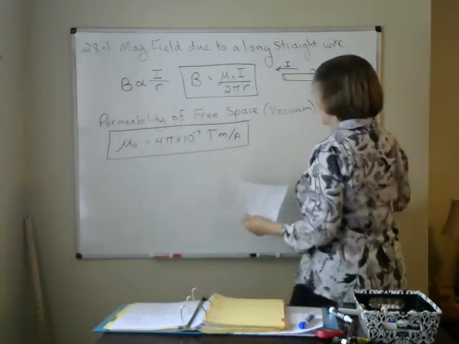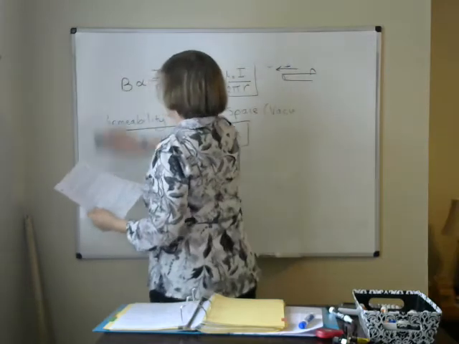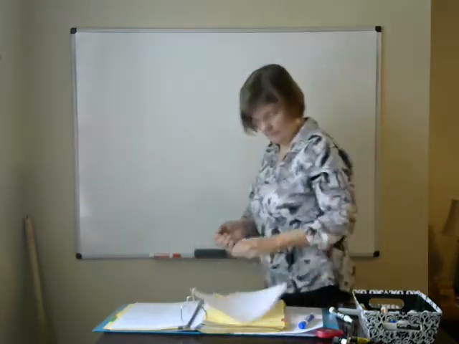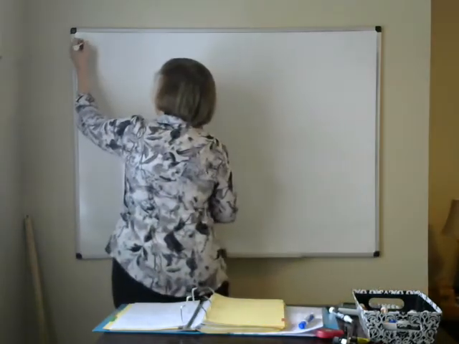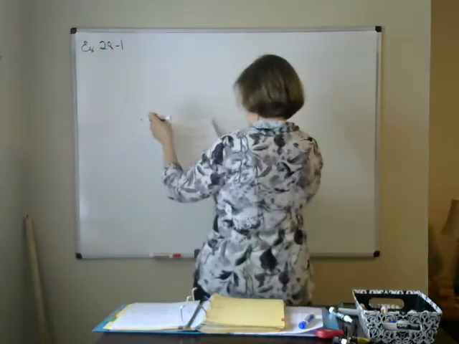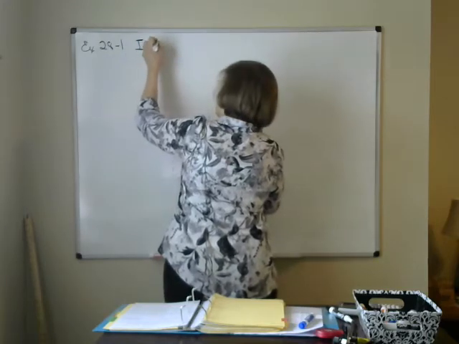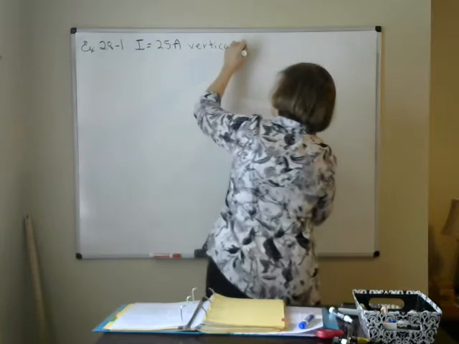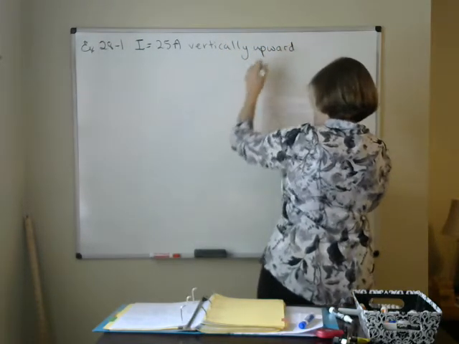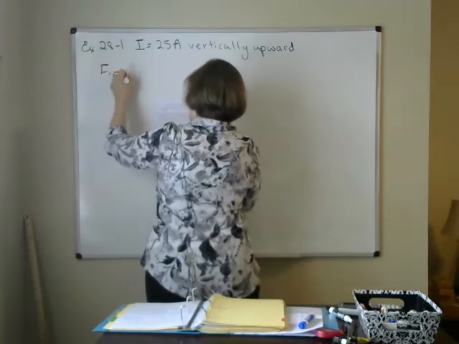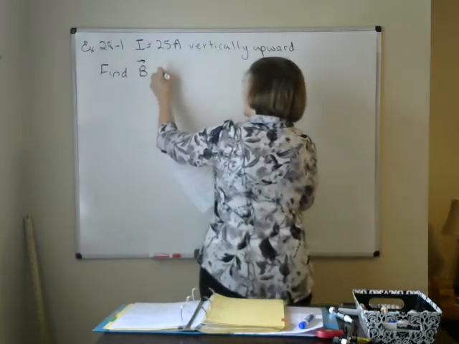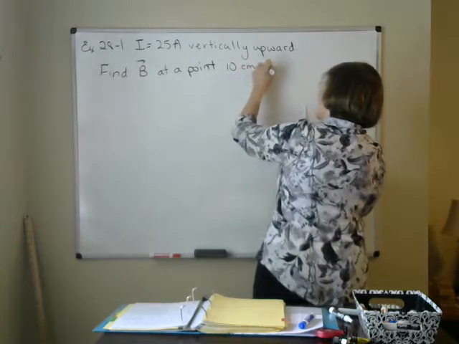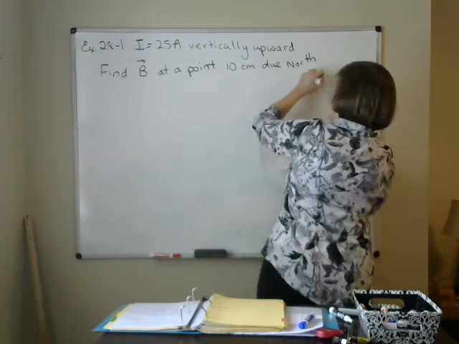Let's look at an example now that we've got a formula. This is in your book, it's example 28-1. It says that we have an electric current I, which is equal to 25 amps, vertically upward, and it asks us to find the magnetic field, which is B, at a point that's 10 centimeters due north of the wire.